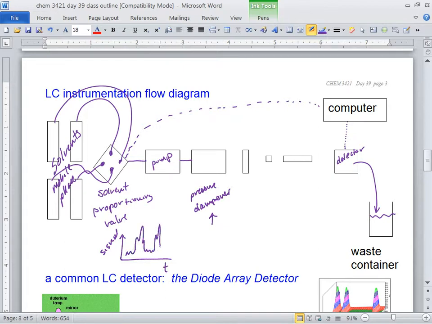Little pulse ripples, instead of looking nice and purty, right? Let's get rid of those ripples, because it's pressure ripples, when you really got to zoom up to see it. But that's why they have a pulse dampener. Okay, that's what that is.